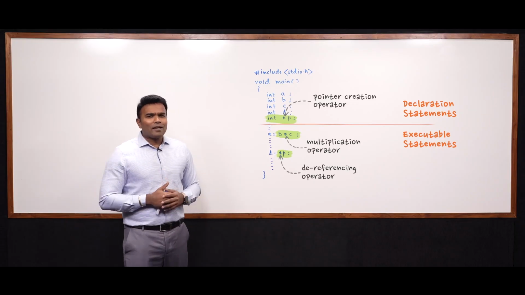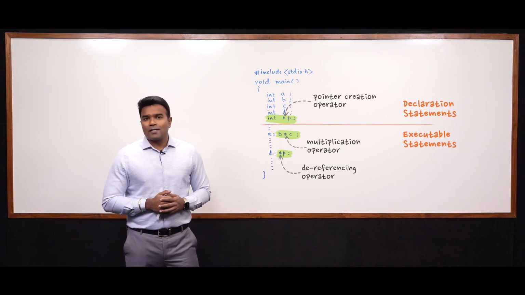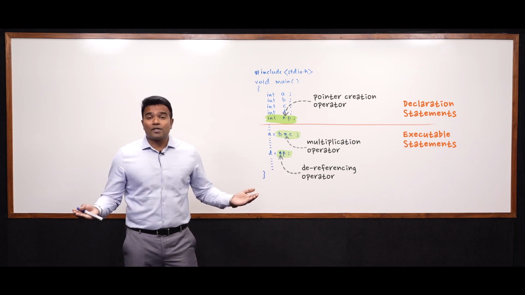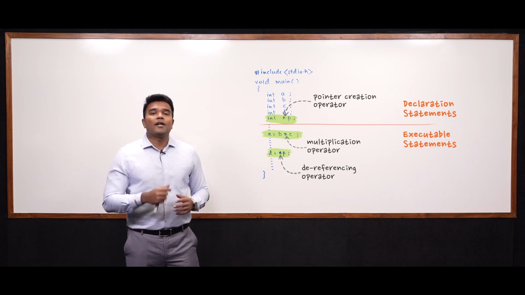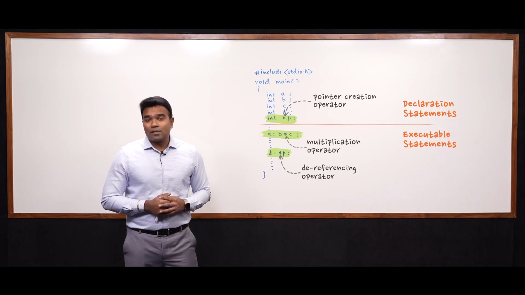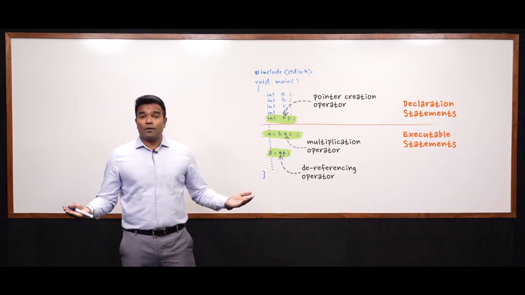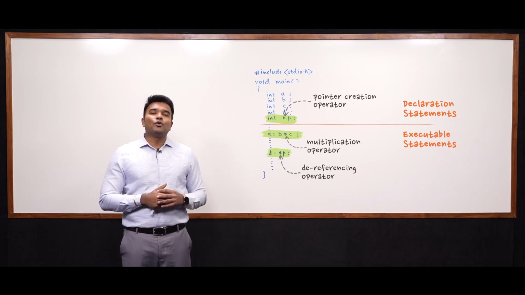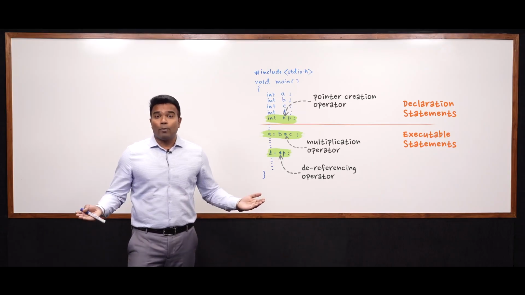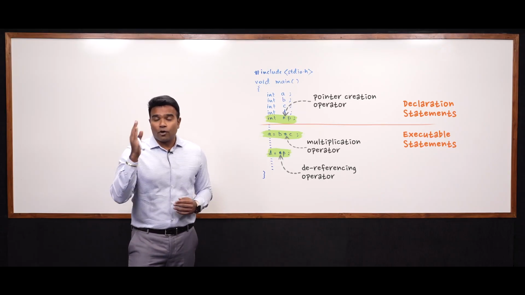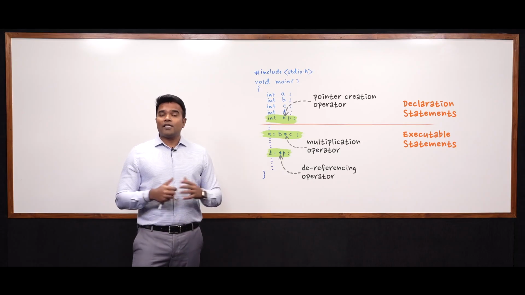Now, what dereferencing is, is something which I would definitely tell you, but what I would wish to say is that the same star operator in C language has been used by Dennis Ritchie for 3 different purposes, and that is what leads to the confusion. I hope there wouldn't be any confusion for you moving forward because it is pretty simple.